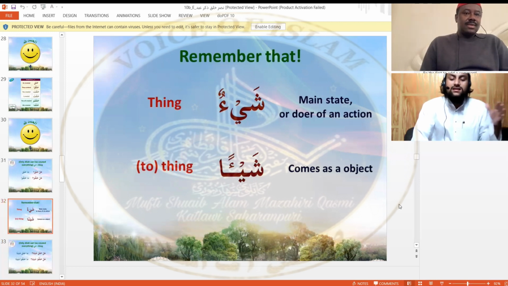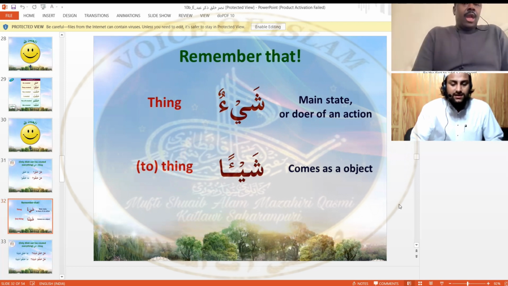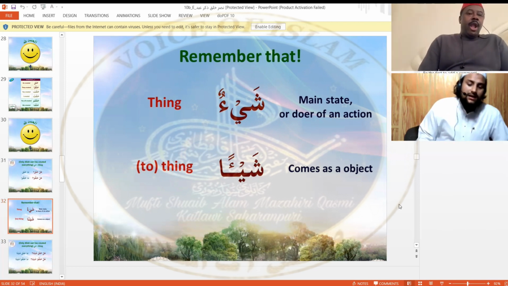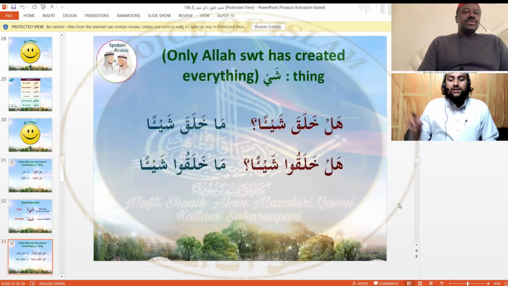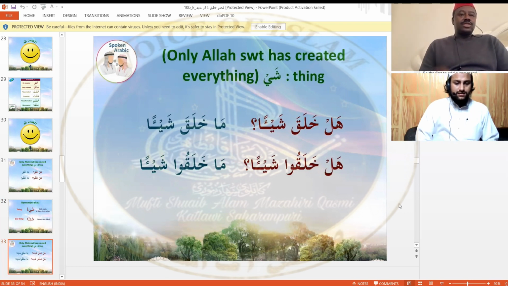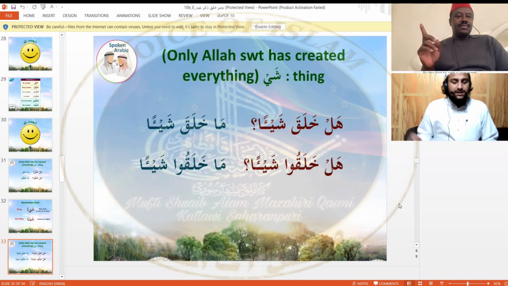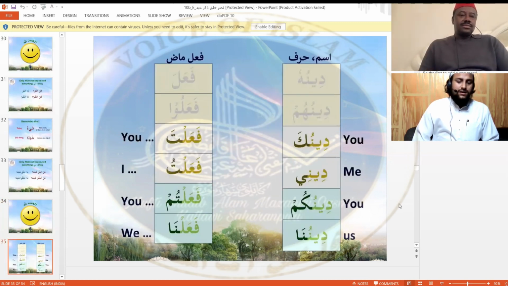And if there is fathatain, it comes as an object. Hal khalaqa shay'an? Ma khalaqa shay'an. Hal khalaqu shay'an? Ma khalaqu shay'an. Okay, you know it.